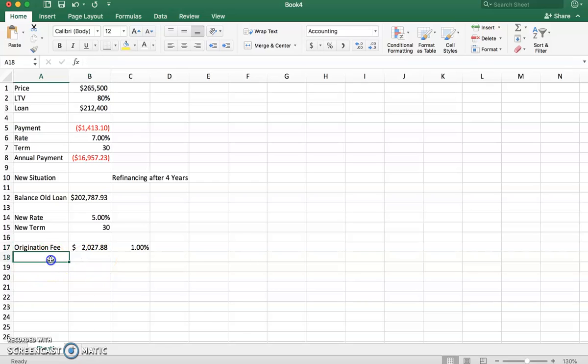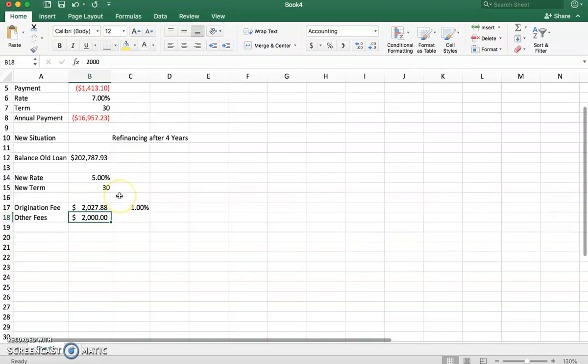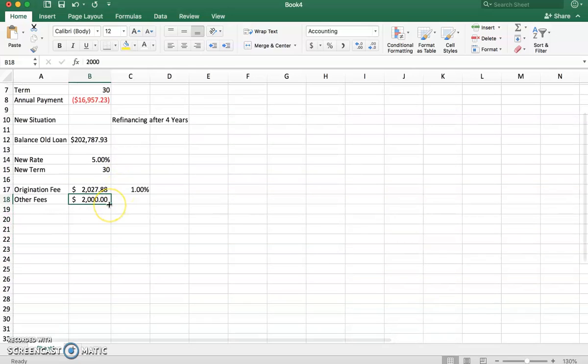All right. The next thing that we have is other various fees. I believe these were $2,000. Let's make that currency too. Now what we want to do is calculate our new loan payment, monthly and annual.